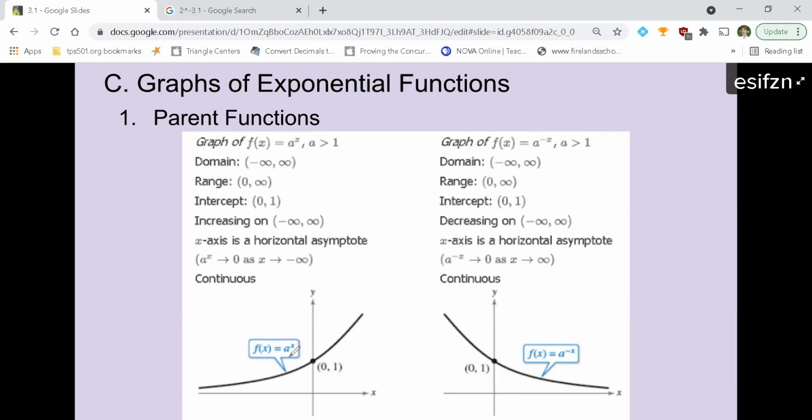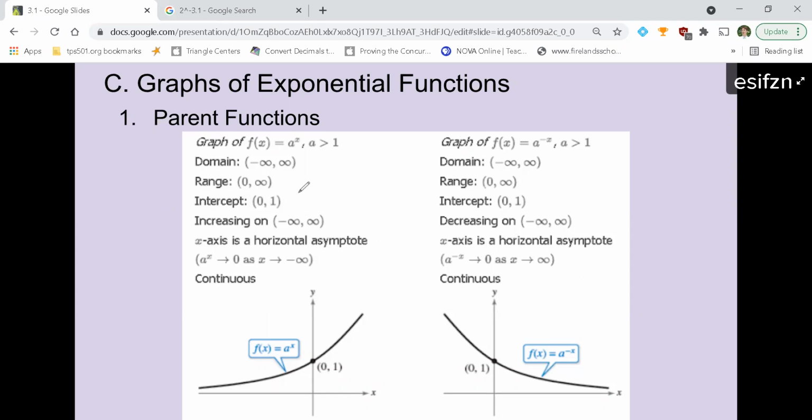X can be anything from negative infinity to infinity. Your range will always be 0 to infinity, because if you take a positive number and you raise it to a power, it will stay positive, right? No matter what power you raise it to, no matter how many times you multiply it by itself, a positive number times a positive number is positive.